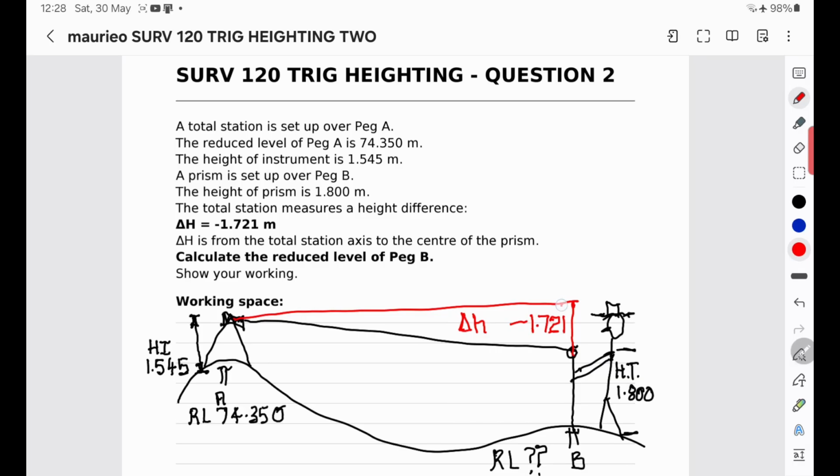That is the vertical distance from the instrument to the prism, the delta H, like so.